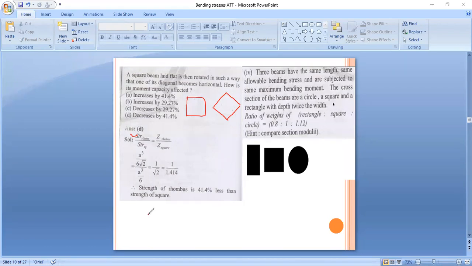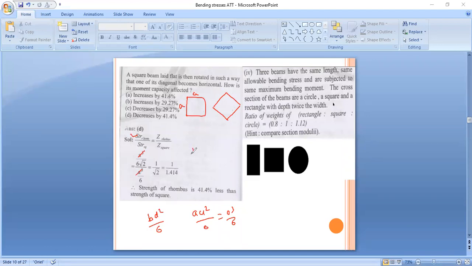Because section modulus for a rectangular section is BD square upon 6. Now here for this square the side is A, so we put A into A square by 6, which is equal to a cube upon 6. So section modulus for square is a cube upon 6. After solving, the a cube gets cancelled.